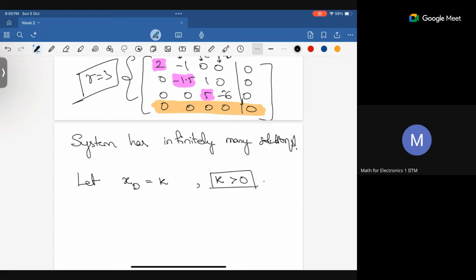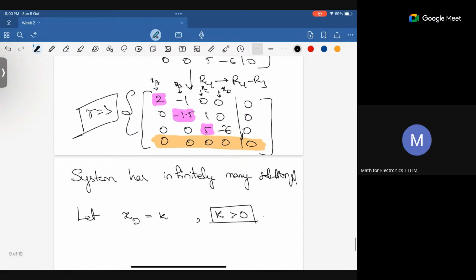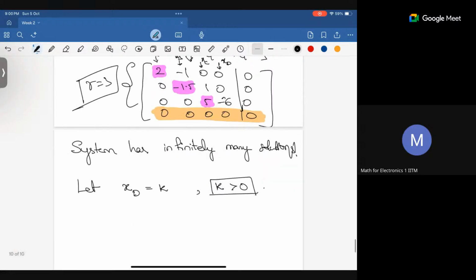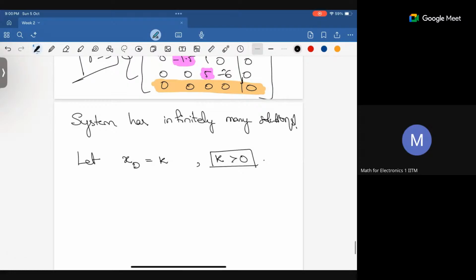So I have given some importance K to XD. Why only XD? Again, the reason is XD is the free variable to choose. So I have chosen XD to be K. So once XD is K, you see this row, if I write it in equations, I'll have 5XC minus 6XD is equal to 0. Right?